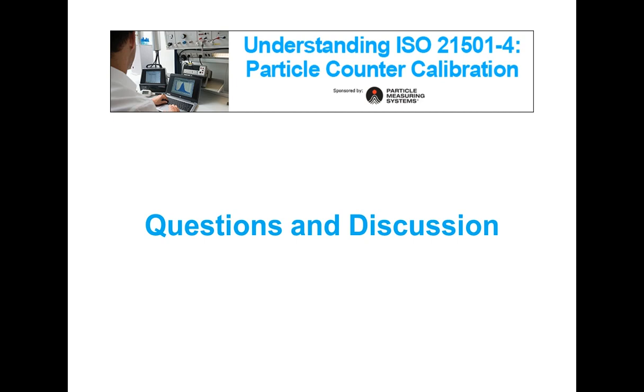Okay, and here's an interesting one. Are there any significant changes expected between ISO 21501-4 2007 and the draft ISO DIS 21501-4? Yeah, 21501-4 is actually under revision. There will be some differences that I will not address today, because they are still in a draft version and may just create some confusion.